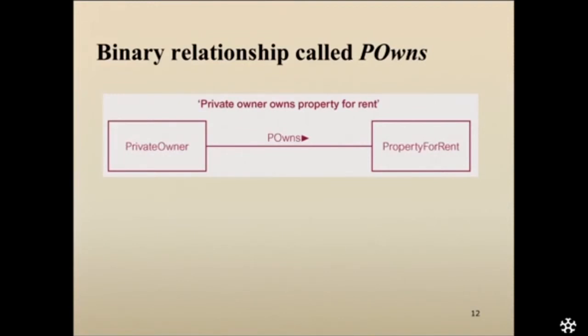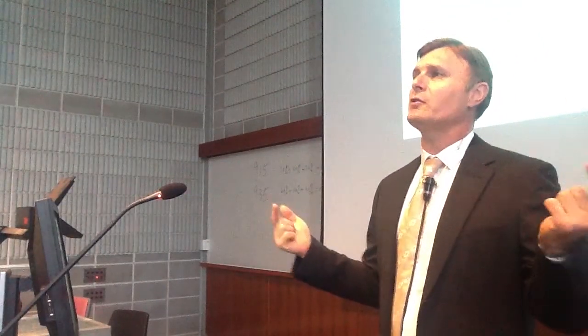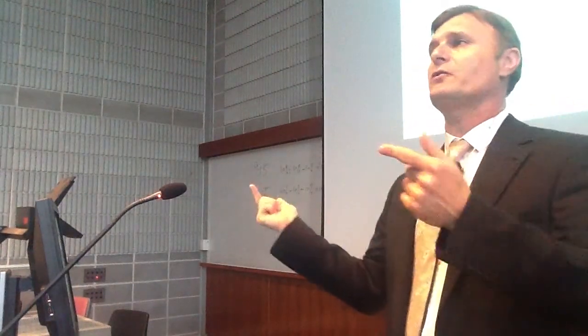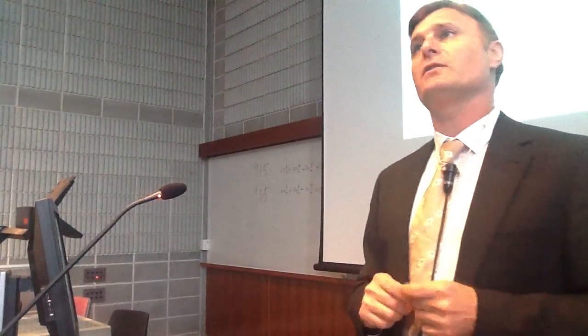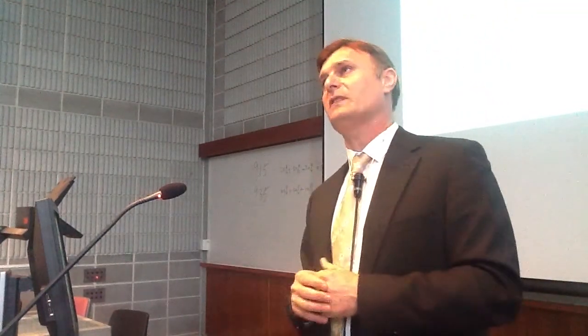And then we have another entity called property for rent, and in that we've got the details of all the properties that we have available for rent. So you can see there is a relationship between the owner and the property, so the owner owns the property, and that's why we store the relationship in there. So you just draw a line. I'll show you the tables later on.